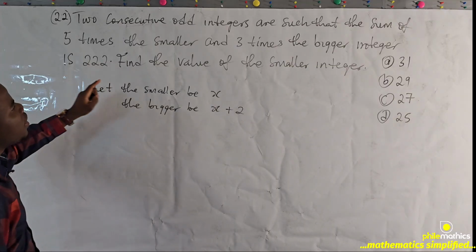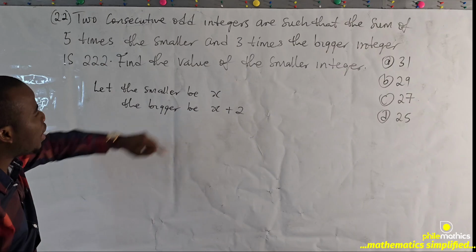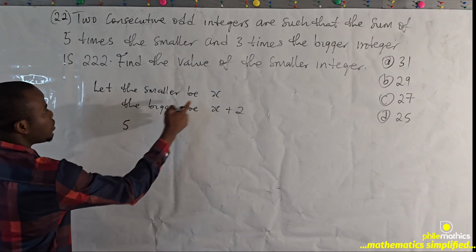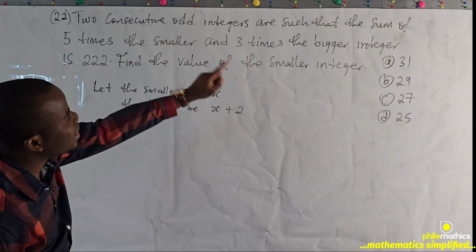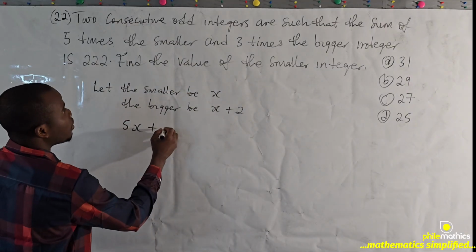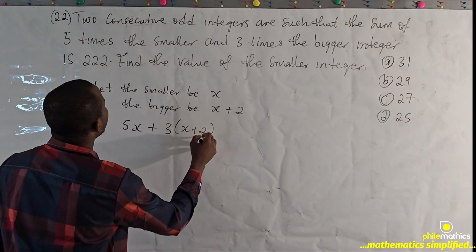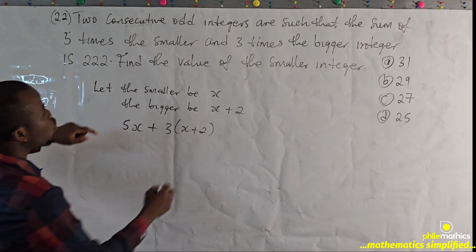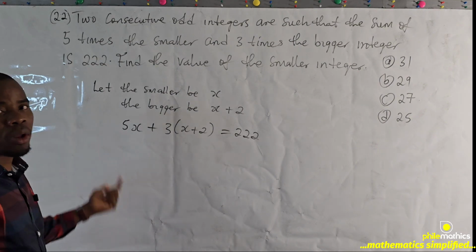Now, the sum of 5 times the smaller, so 5 times the smaller, and 3 times the bigger is 222. Find the value of the smaller integer.